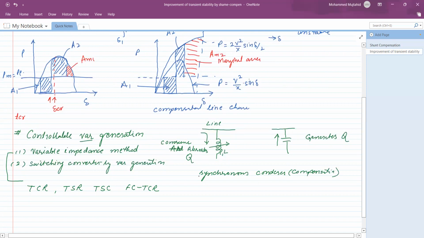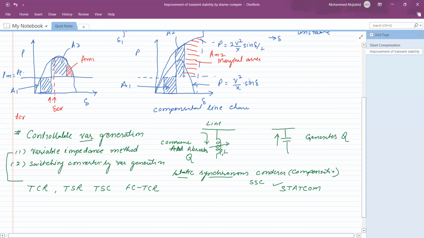But the synchronous motor consumes active power, and if the rotating part is replaced by a static one, it becomes a static synchronous condenser, SSC, or compensator, or it may be the very popular STATCOM. So in the switching converter type VAR generation, we are going to discuss the static synchronous condenser or compensator, that is the STATCOM, with energy storage and without energy storage.